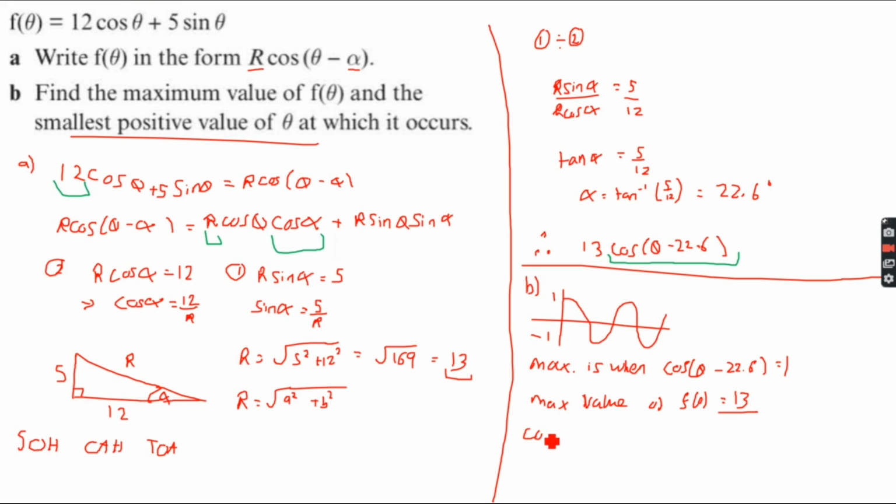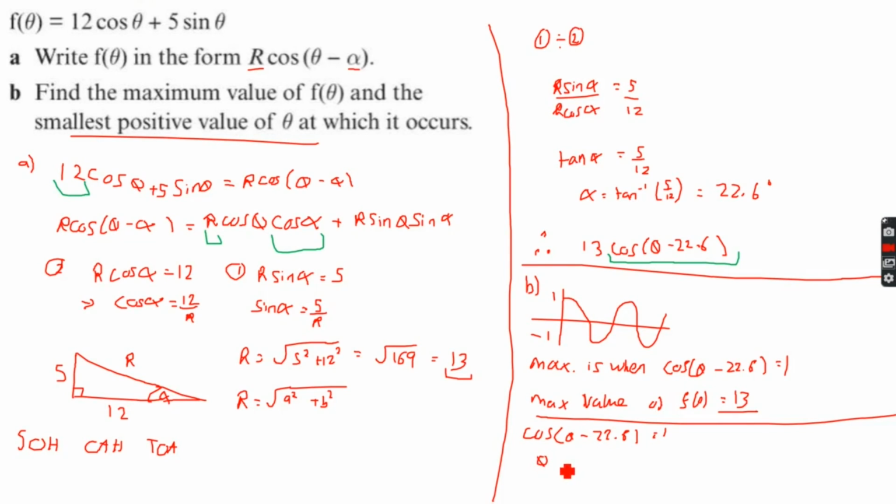Well, when cos theta minus 22.6 equals 1, we can take the arccos of each side, and we're left with theta minus 22.6 equals, well, you don't even need to plug it into a calculator. We can have a look at what happens when cos equals 1.